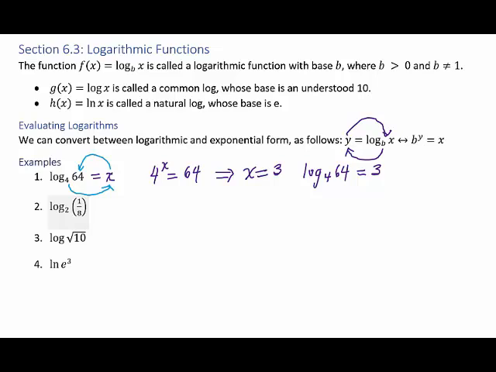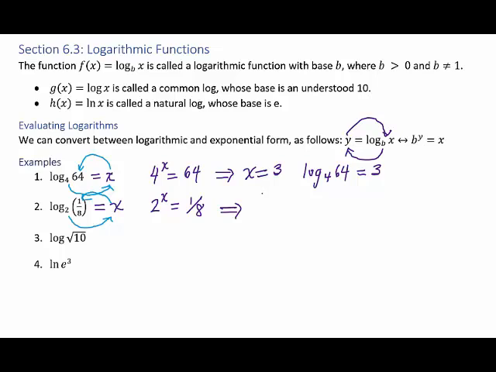Okay, next, number 2, we want to find log base 2 of 1/8. Again, we'll just say that this is equal to some number x. Start with the base, 2, raise it to the x power, is equal to 1/8. Well, this isn't as straightforward, but I do know that 2 to the third is 8.